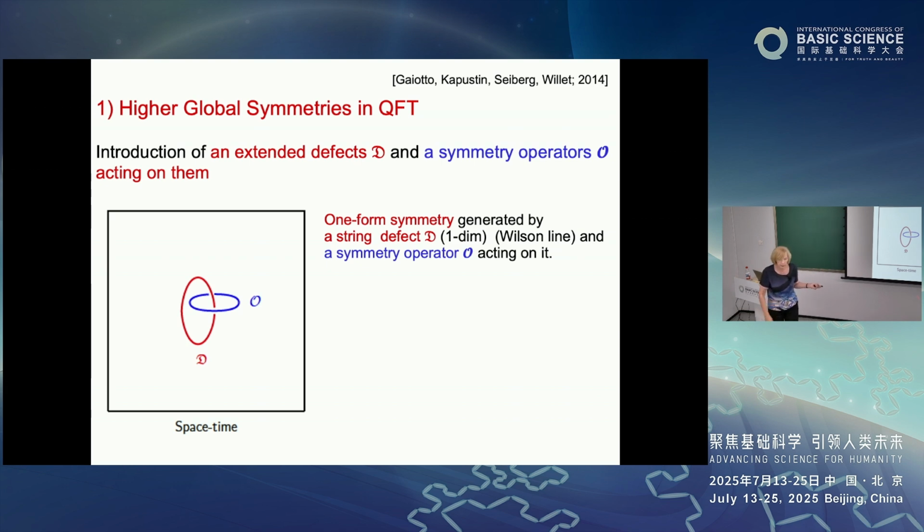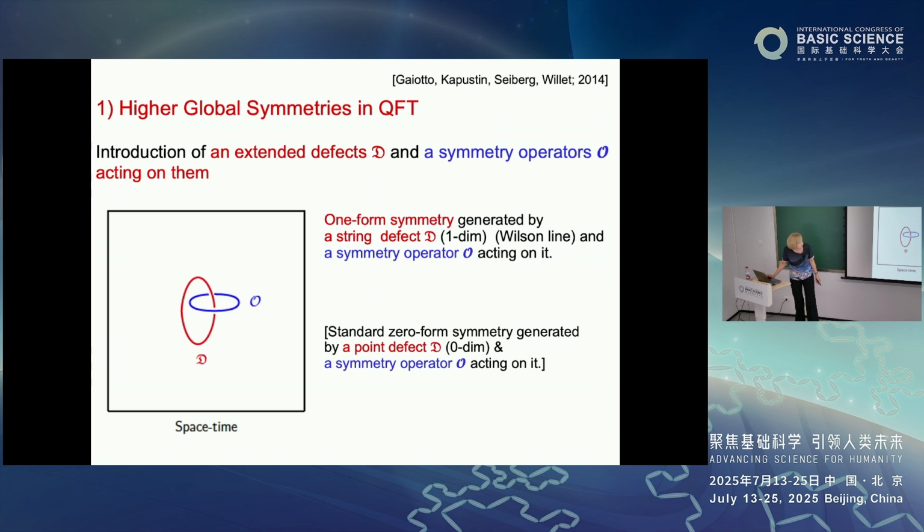So let me just highlight first the notion of higher global symmetries in quantum field theories. They are obtained by introducing non-dynamic extended defects in the resulting quantum field theory and the corresponding symmetry operators that act on them. So one-form symmetries are associated with, for example, string defects and the corresponding dual operators acting on them.